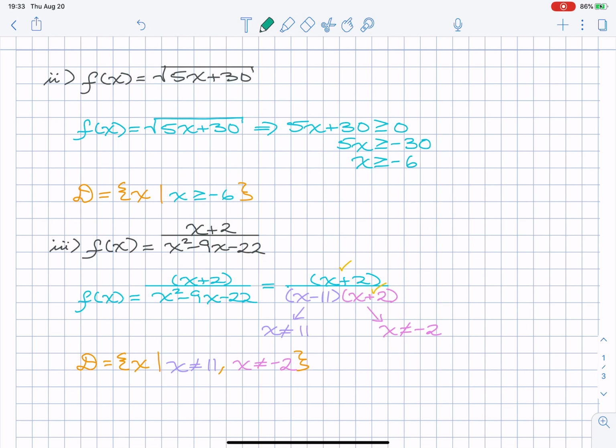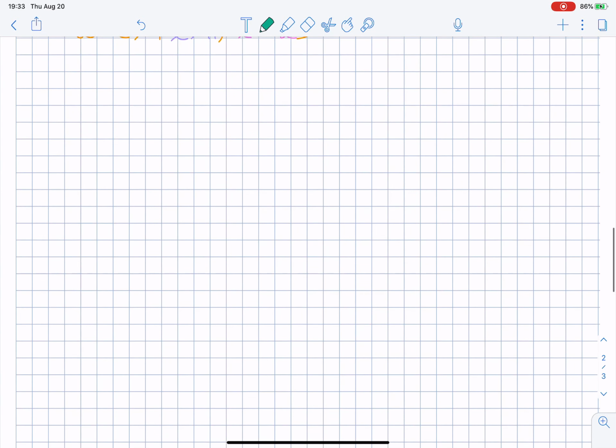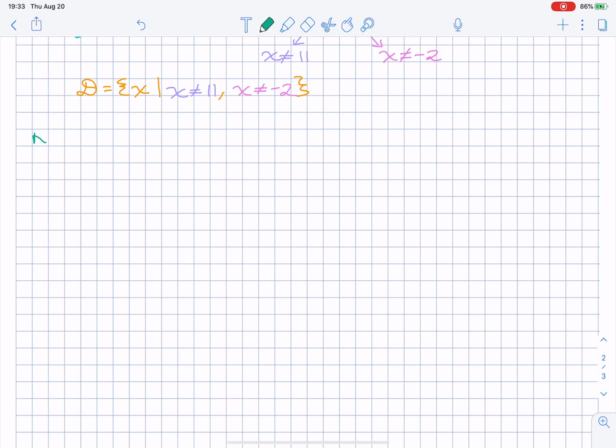Okay, so let's note. So let's say I want to find the domain and range graphically.